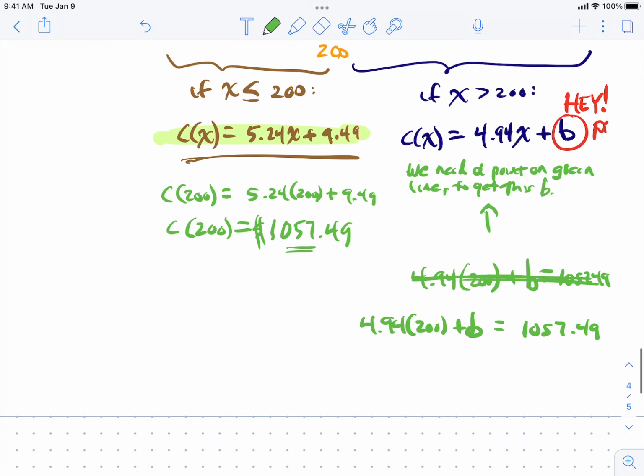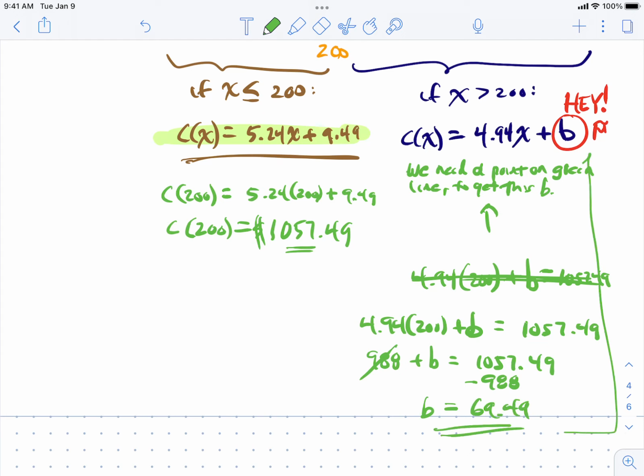So now we can get the B. So the 4.94 times the 200, that's an even $988 plus B equals the 1057.49. So I need to subtract the 988 on both sides. And so the B is 69.49. That's the B for this.